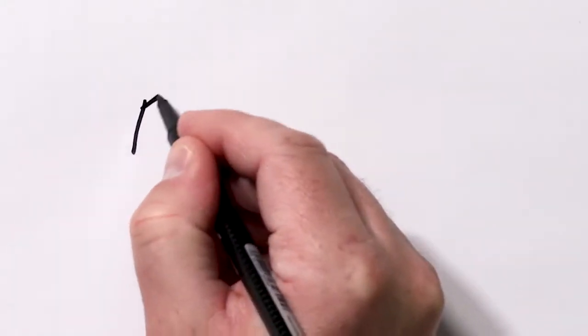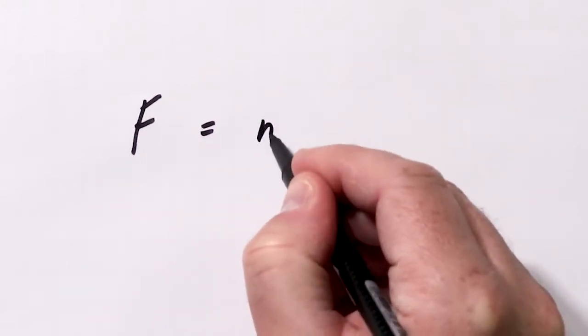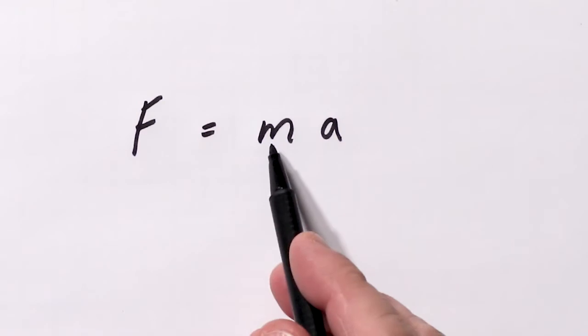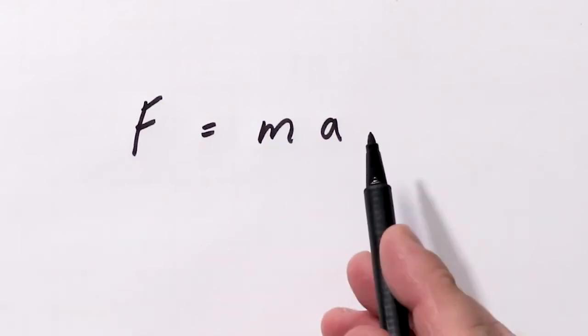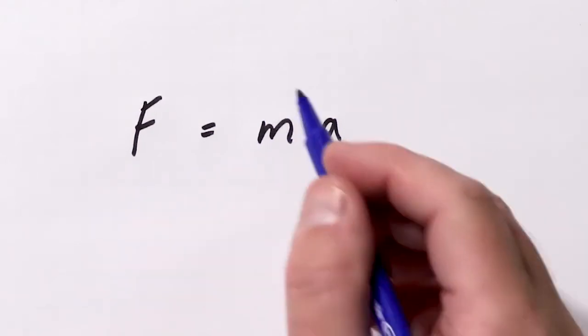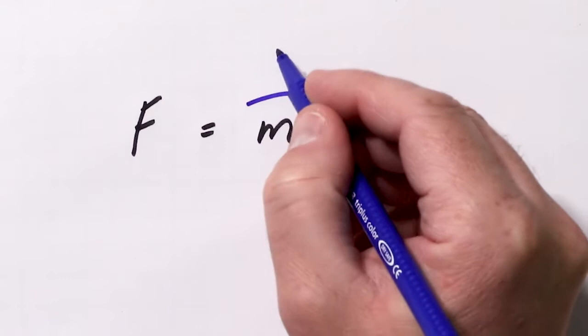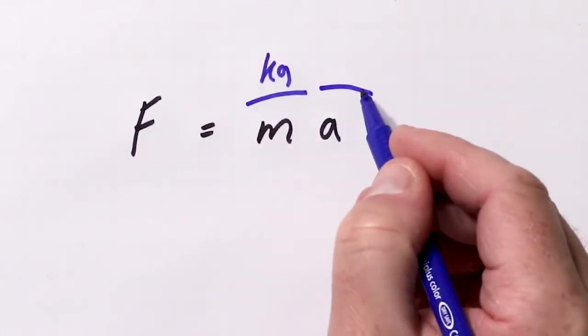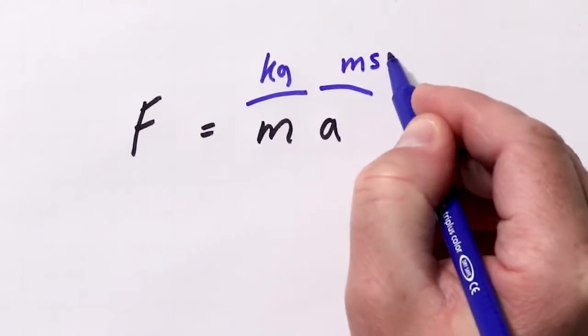For instance, let's take a quick example of a simple equation. If we have F equals MA. So what this means is force equals mass times acceleration. But don't worry about that at the moment. In an exam, I'd be able to say, okay, well, what are the units for force? Well, I know that the units for mass are kilograms, and I know that the units for acceleration are meters per second minus 1.